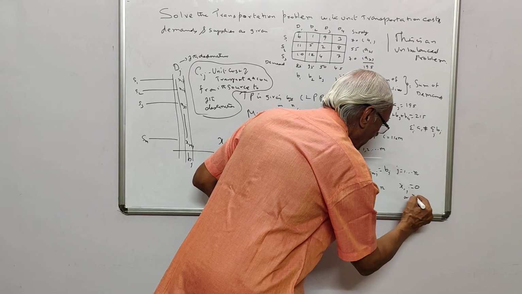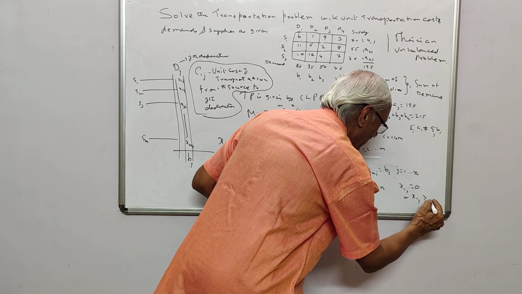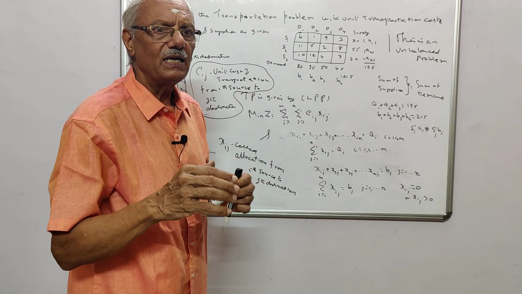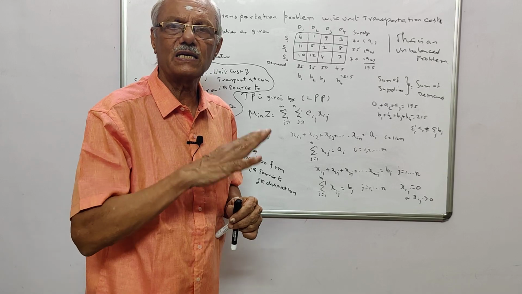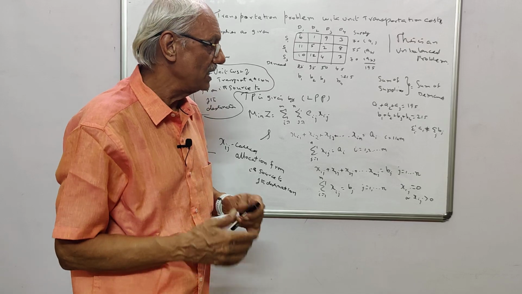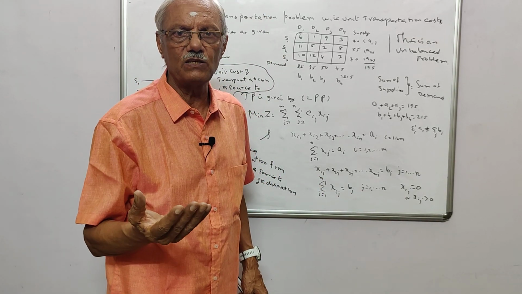That means the allocations can be 0 or a positive number, they cannot be negative quantities. They are called non-negative feasible solutions.